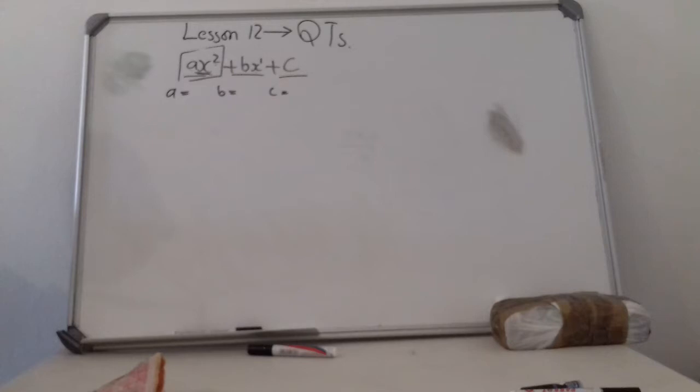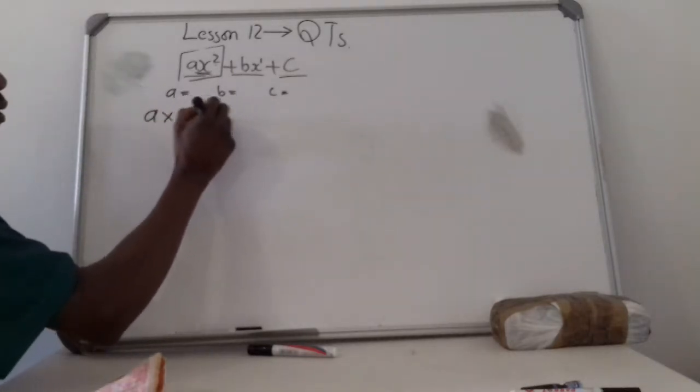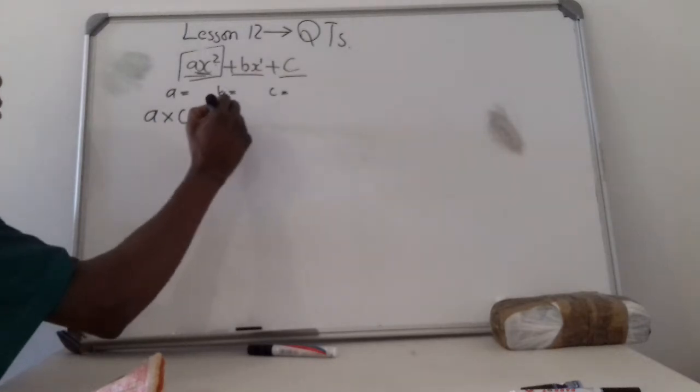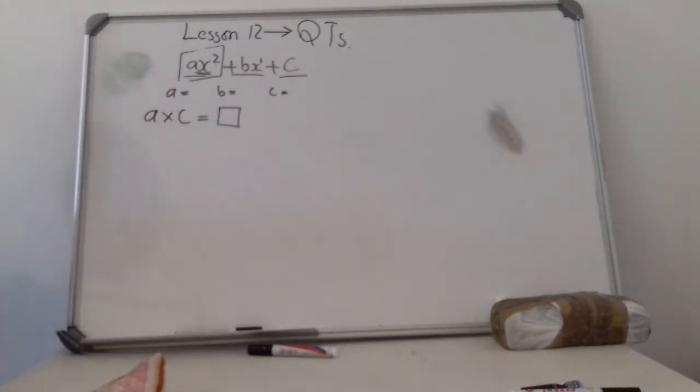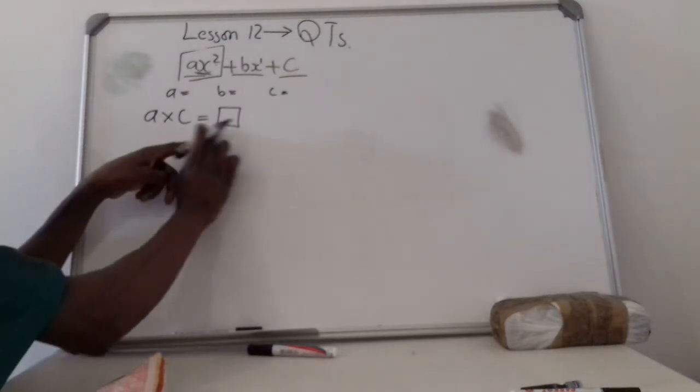Once you do that, you should find out a times c. You should get that product because that product will set you free. Now you must find the factors of this product.